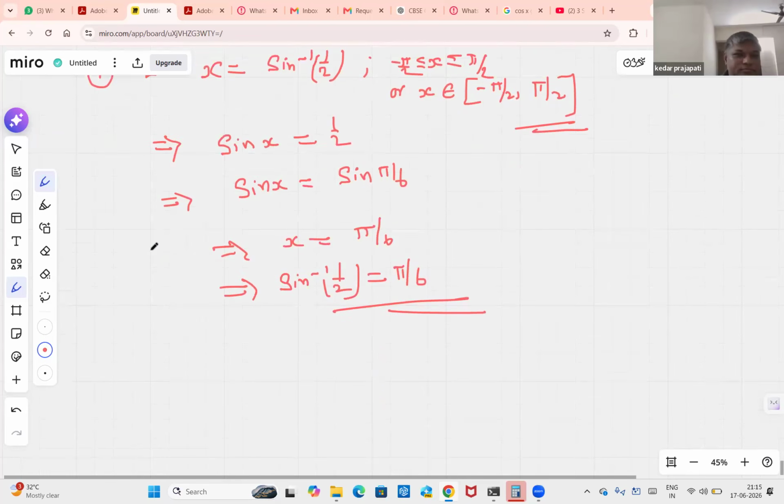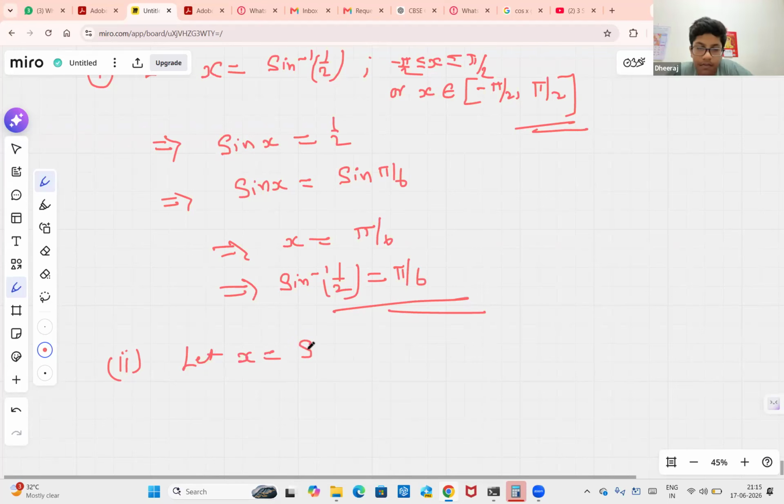So, let x equal to cos inverse minus half.